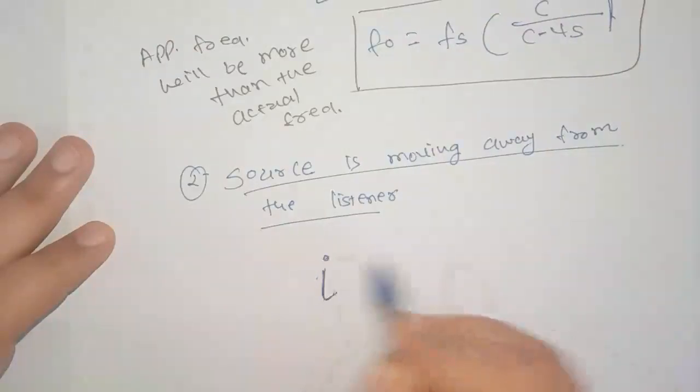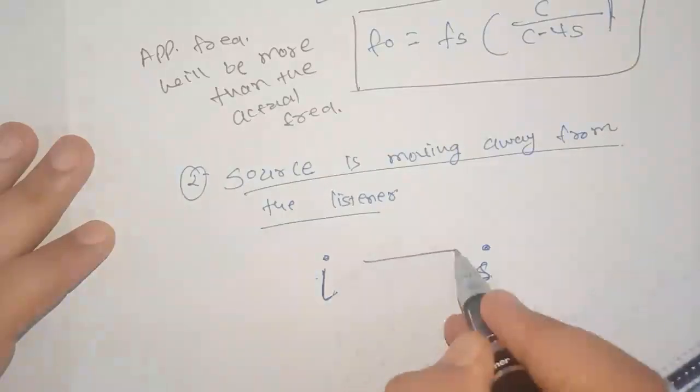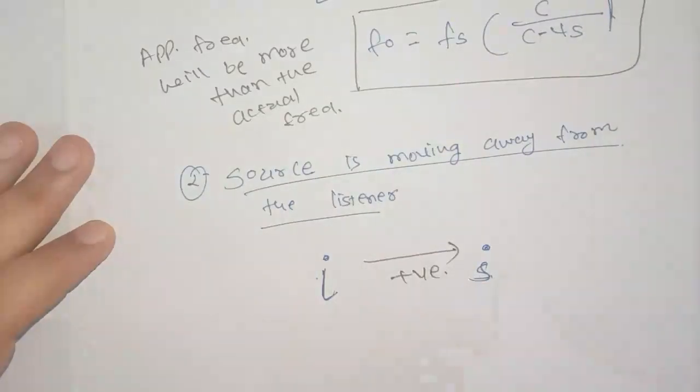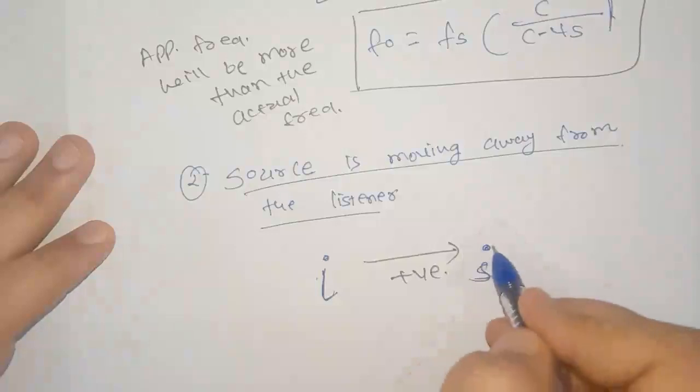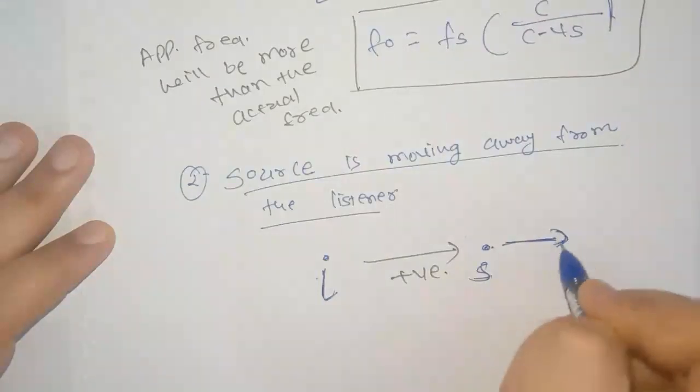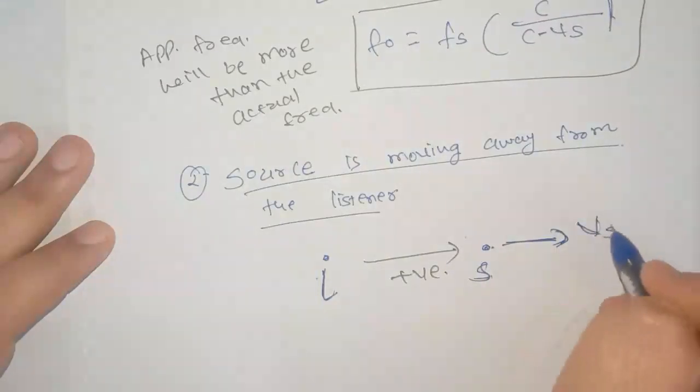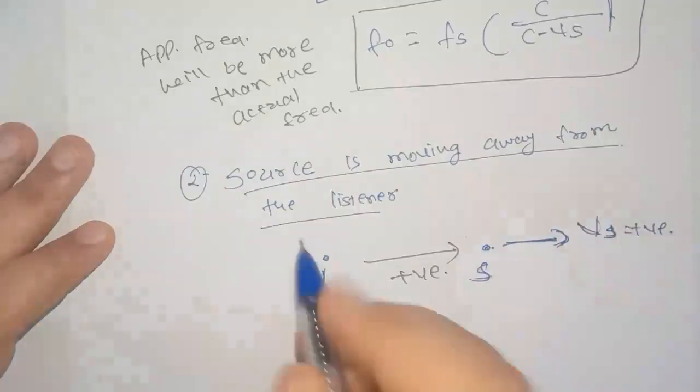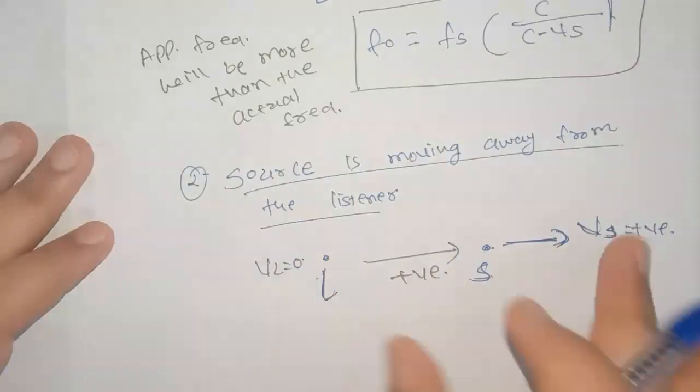This is listener and this is source. The L to S direction is taken positive. Now source is moving away from the listener, so this direction is taken positive and listener is at rest.